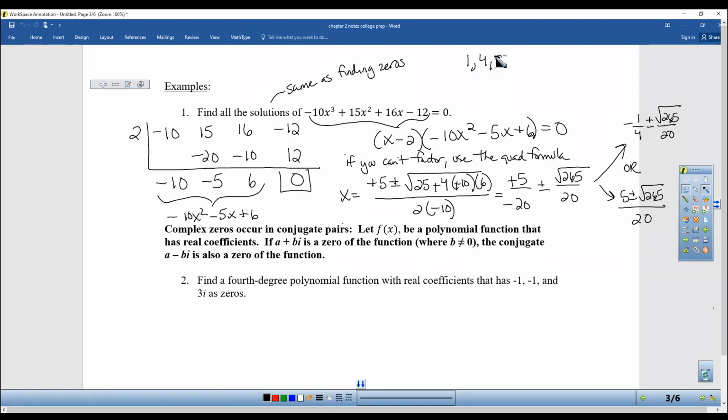So 1, 4, 9, 16, 25, 36. But remember, you only have to try them up to a certain point. It's not like you have to try them infinitely, because as soon as you get to a certain point, 144, even 144 times 2 is already 288. So this is the longest list you would ever have to do, and some of them you can rule out immediately. But it does not contain any perfect squares. So this would be your answer.